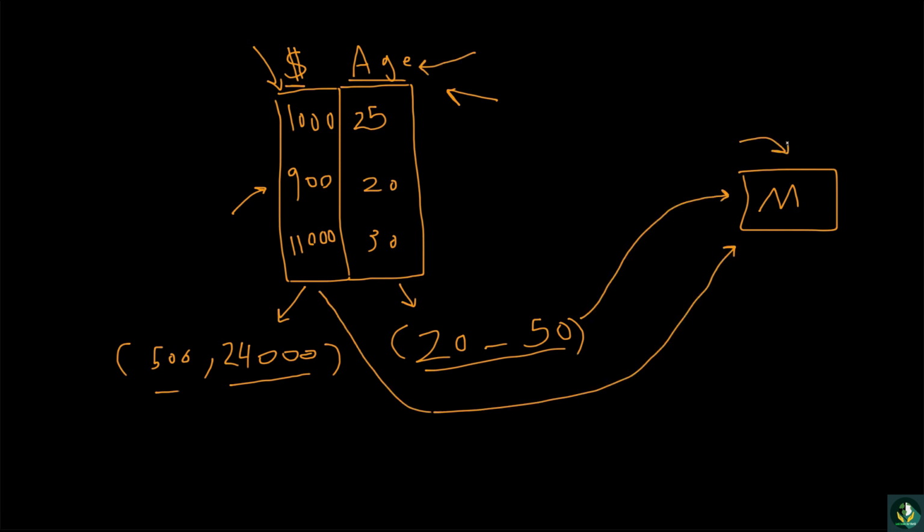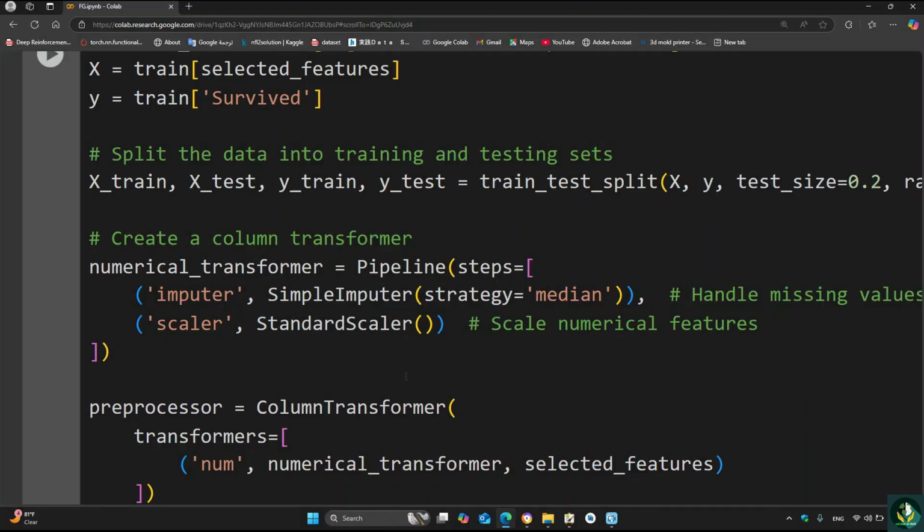So we need to make our model handle these two features equally. To do that, we will use this standard scalar to convert these ranges and make the ranges similar to handle them equally.